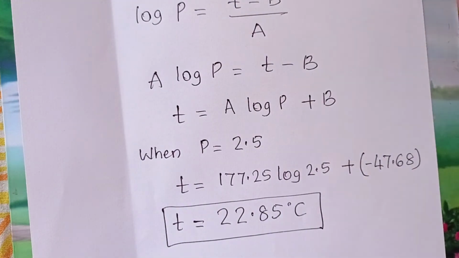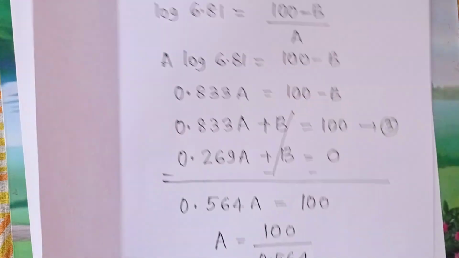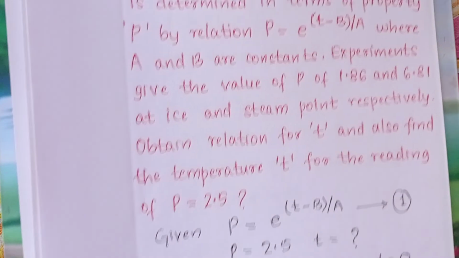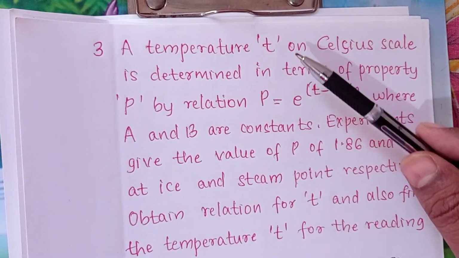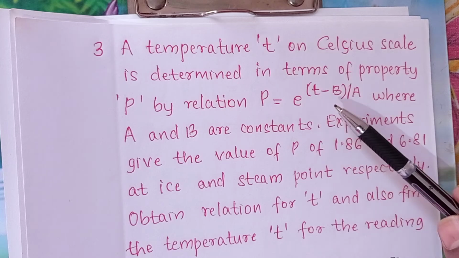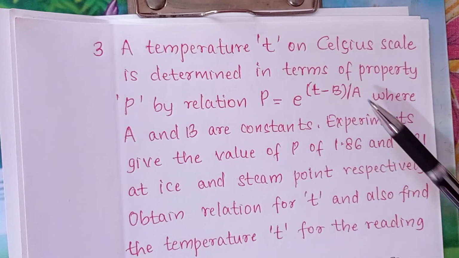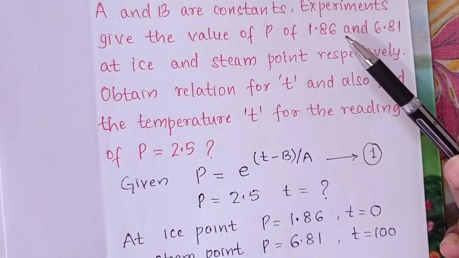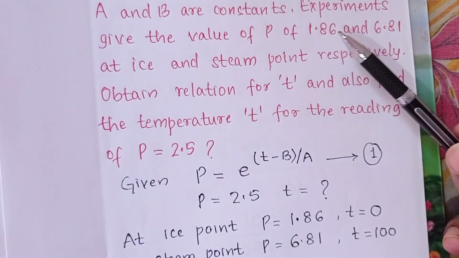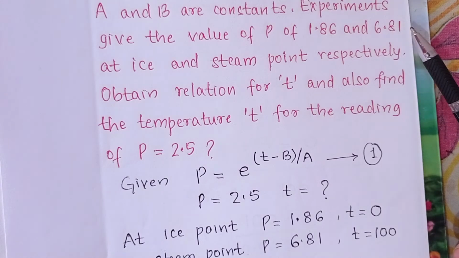So I'll repeat what all things I have done in the problem once again. The temperature scale is given by P is equal to e to the power T minus B by A. The values are given for P at ice point and steam point, that is, at ice point it is 1.86 and at steam point it is 6.81.